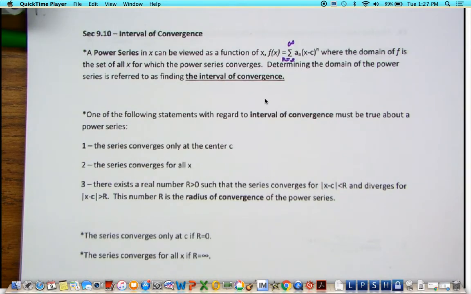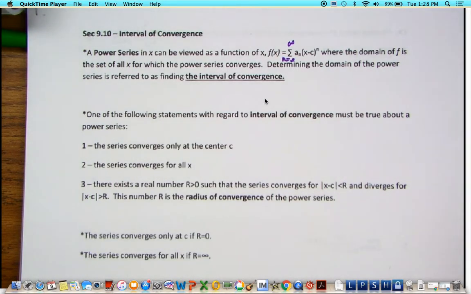And that would make sense that it would be the center, because that's where we're building it. So probably the easiest visual there would just be to think about a tangent line to a curve. A tangent line to a curve only shares what? 1 point. So the series might converge only at the center c. It might converge for all x. What did we find the other day as we were graphing the Taylor polynomial for sine and cosine of x?